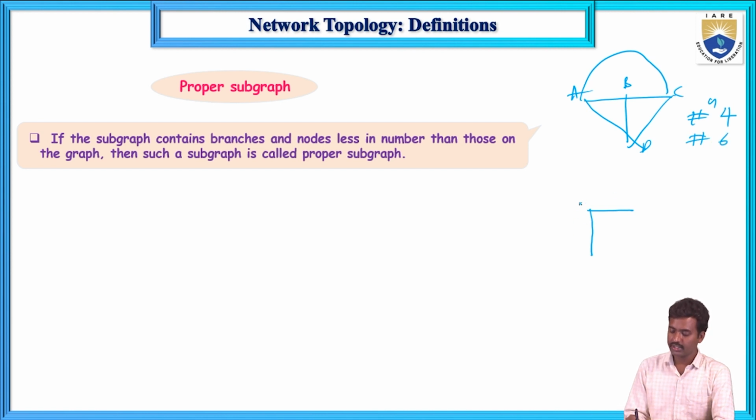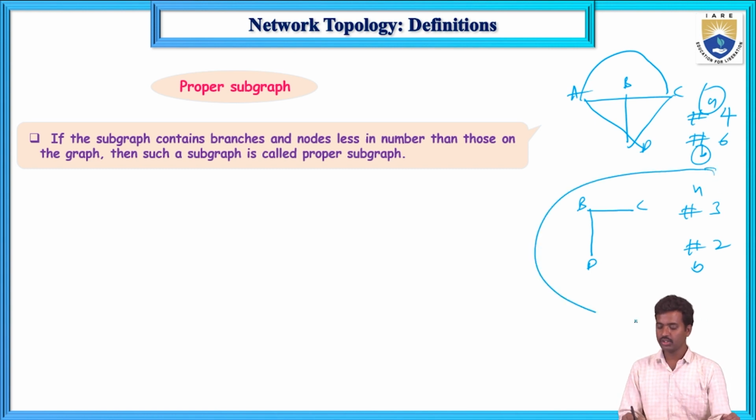Here, how many branches? B and C, this is D. There are only 2 branches here and only 3 nodes. These are the nodes and these are the branches. So if you see this one, this is a subgraph with fewer nodes and fewer branches as compared to the main graph.